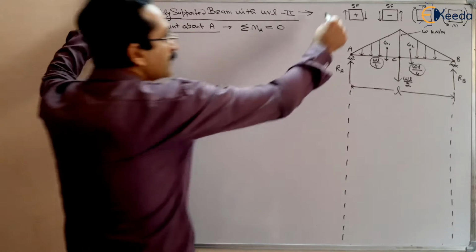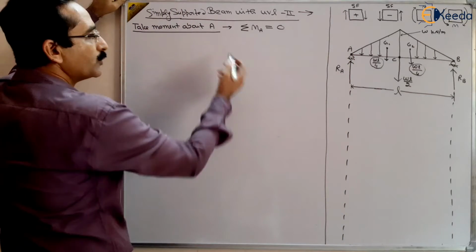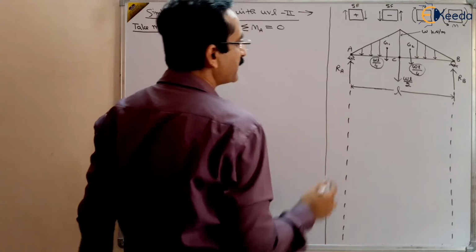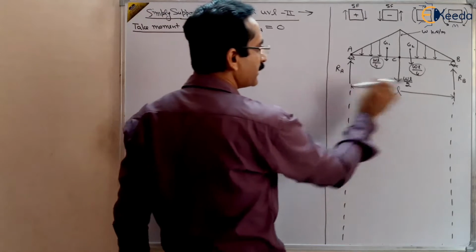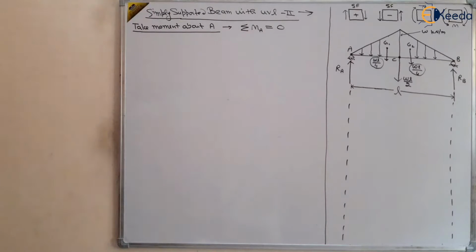How many forces are there? There are only three forces: RA, WL by 2 and RB.